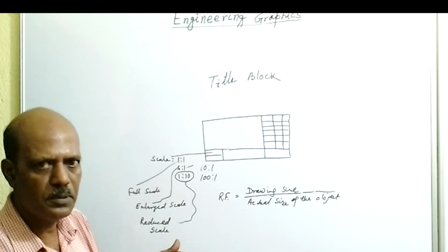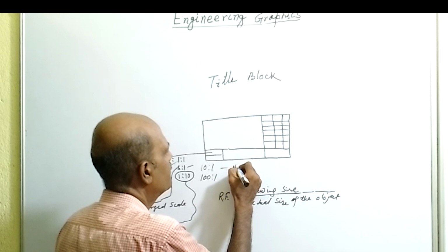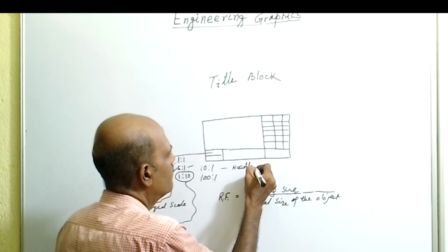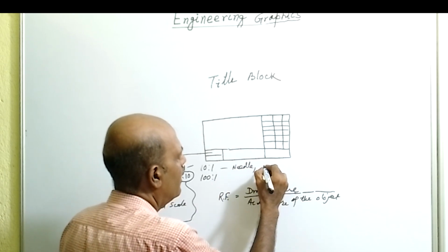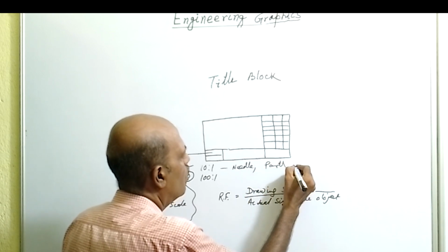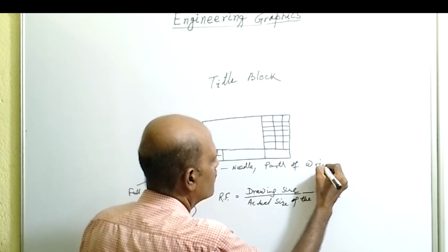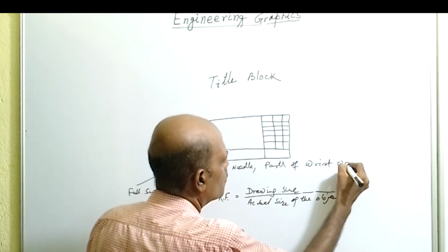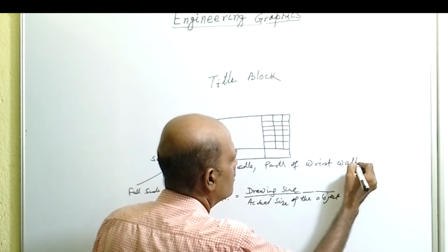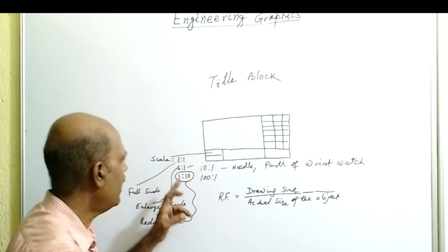Very small size objects, like a needle or the parts of a wristwatch, are very small, so they can be drawn by using a large scale.